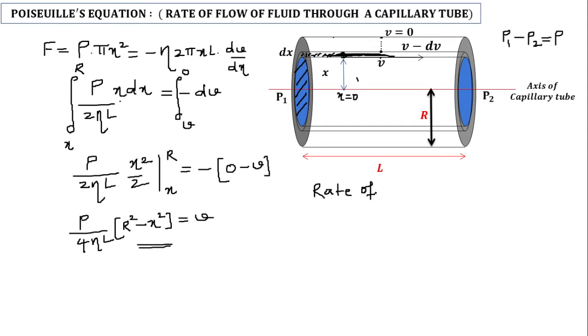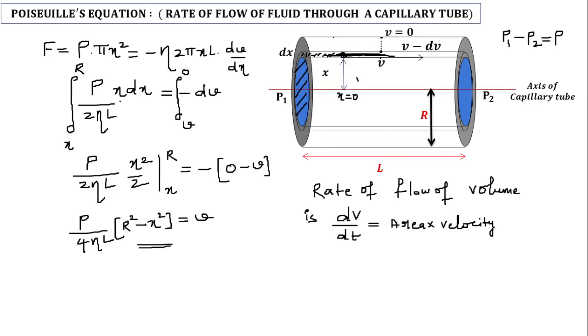So the rate of flow of volume is dV by dt, which is actually area into velocity. So now you are supposed to find out the dV by dt. This is simply area times velocity.